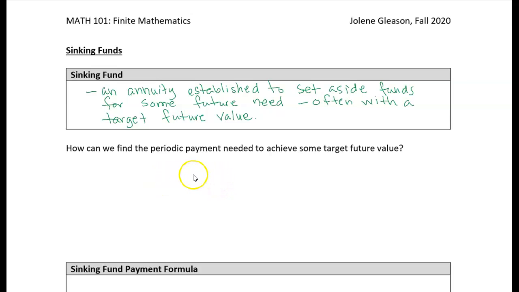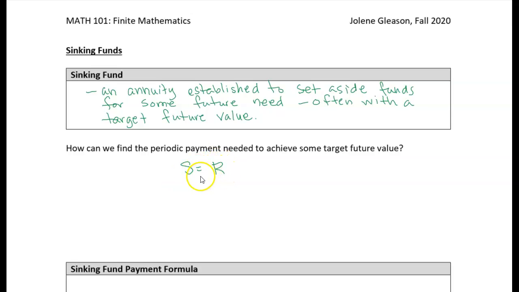So now you honestly can do that just like the way we did in example 4. You can use the formula for the future value of an annuity and just rearrange it to solve for R. But sometimes it'd be nice just to have a formula so we don't have to do any algebra. So let's take our future value formula.